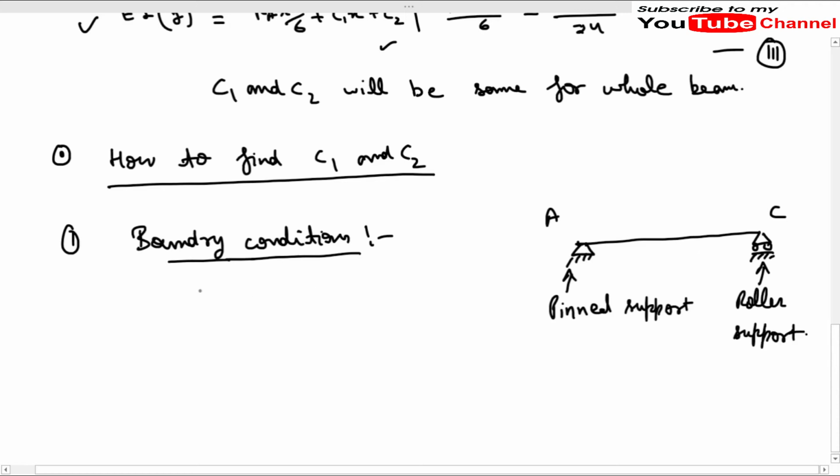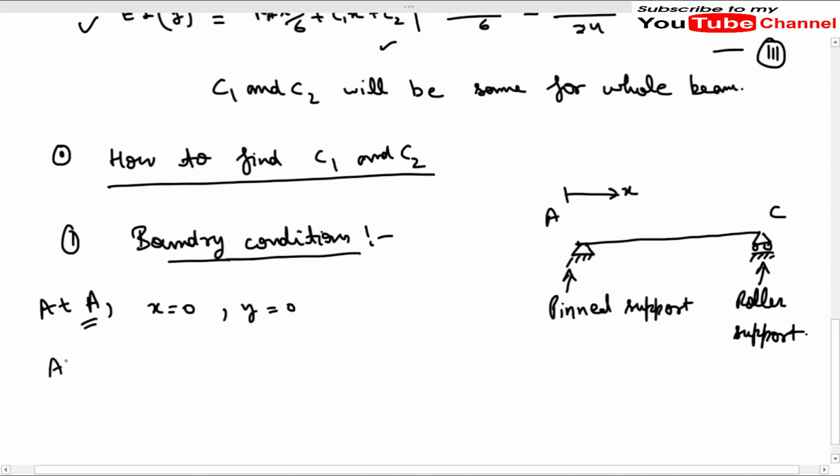What does it mean? We are measuring the distance x from A. So at x is equal to 0, which means at A, y will be 0. Y is the deflection. Why? Because at a pin support there is no deflection. There can only be a rotation. That's why we can use this condition.